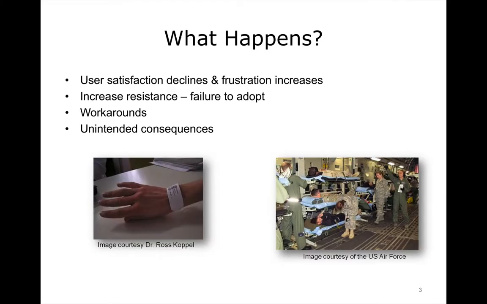What happens when users are forced to use a system with poor usability? As mentioned before, user satisfaction declines and frustration increases. Safety-critical environments like healthcare, the cockpit of an airplane, or a nuclear reactor control room are no place for systems that engender dissatisfaction and frustration in users.